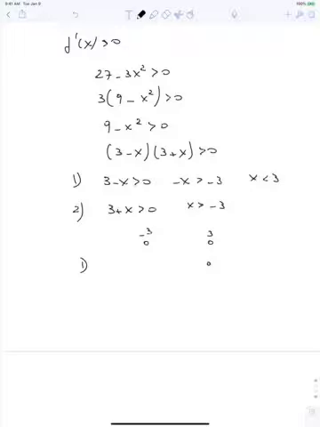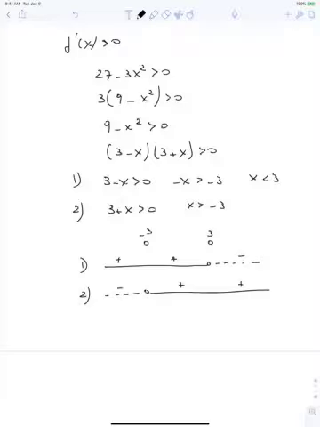So from minus infinity to 3, this function is positive. I'm going to do a solid line, and then it's negative otherwise. So it's positive here, negative here. The second one is going to be positive when x is greater than minus 3. So it's positive here, and it's negative here.